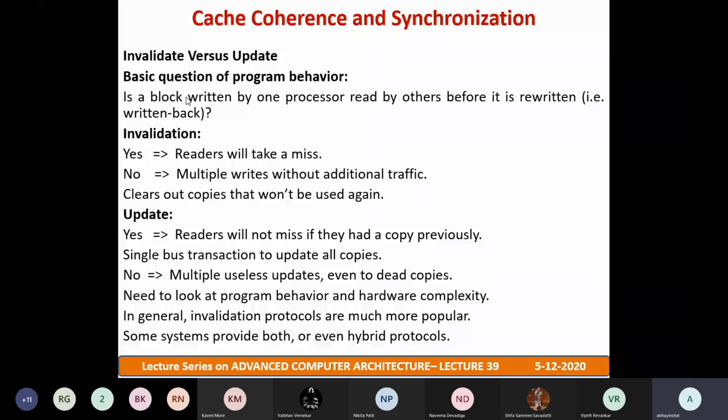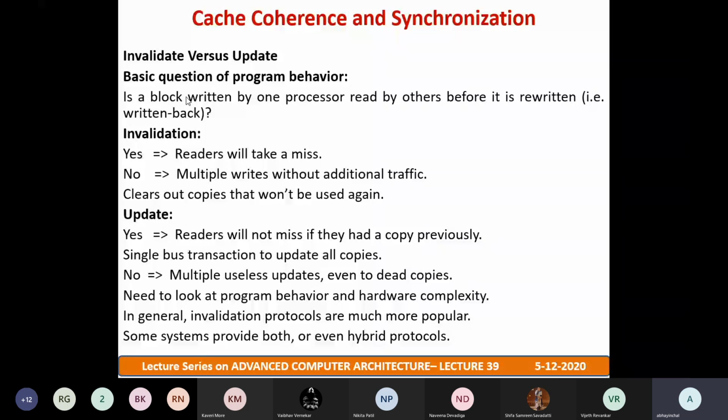In case of invalidation, readers will take a miss. Yes, it is possible in write invalidate protocols, but the cache is either marking the block as dirty or invalid. Then they are going to flush their caches or replace their block either by reading from the main memory or writing into the main memory.